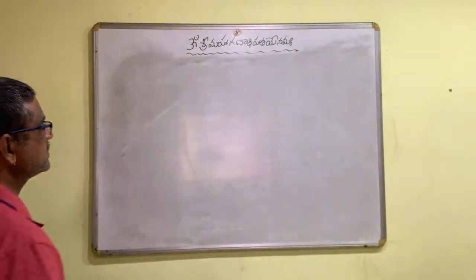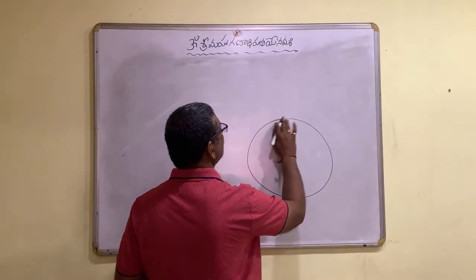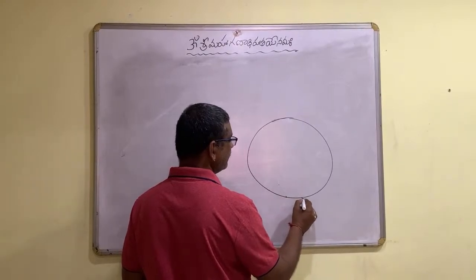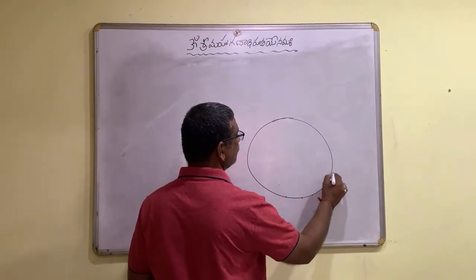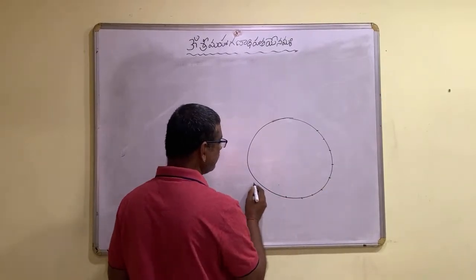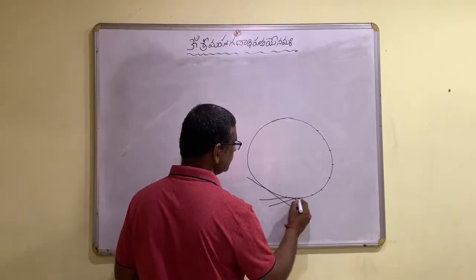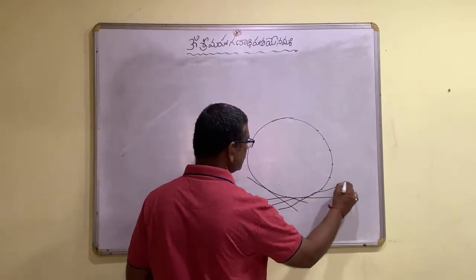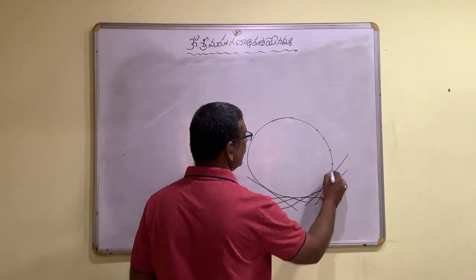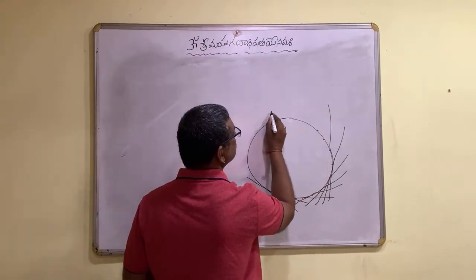What is the meaning of it? A circle is having infinite number of points on it. At every point, we can draw a tangent.